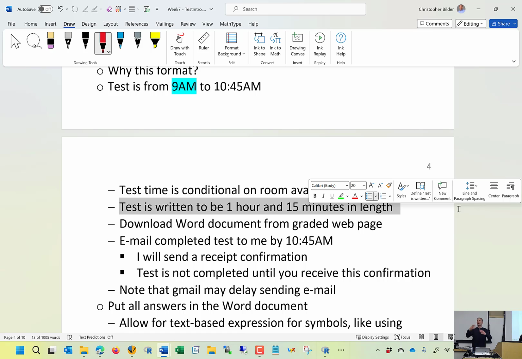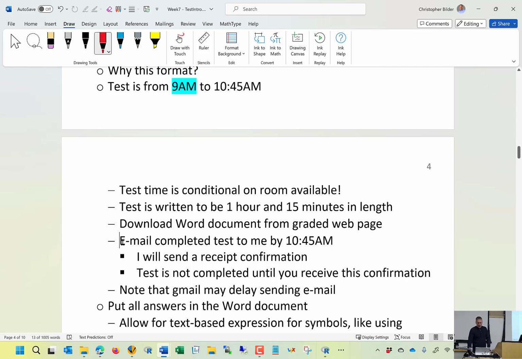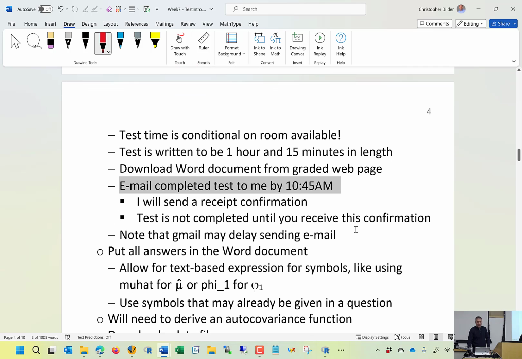And so you'll be able to download it to the computer that you're using here. I might have a few announcements about the test, and then you'll go ahead and start taking it using the computers here. Again, it will be a Word document. That Word document is where you need to type in all of your answers. When you are done with the test, to turn it in, you simply email it to me. Do not leave the room until you receive a confirmation from me that I've actually received your test.